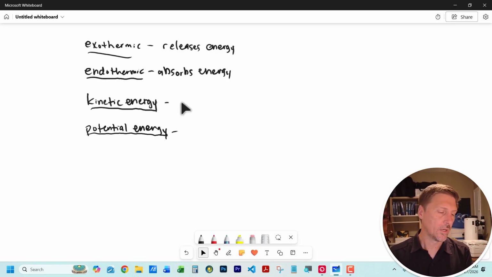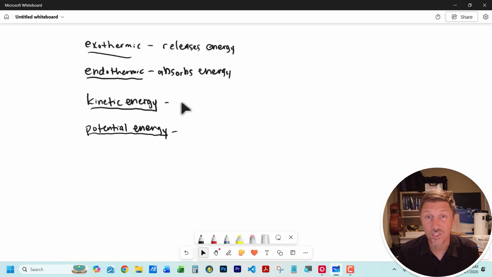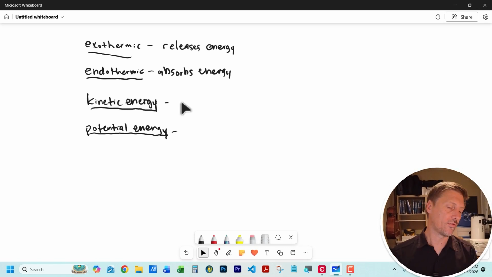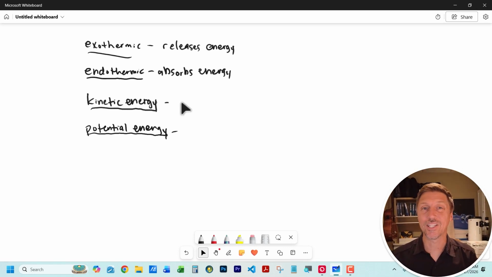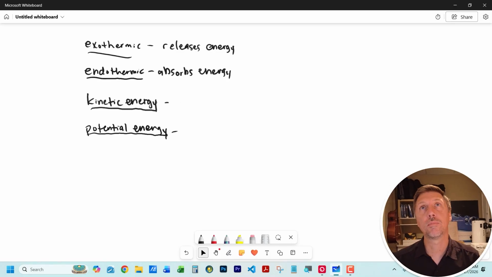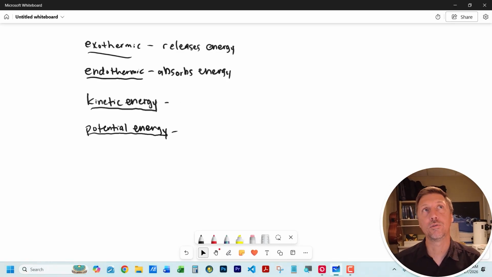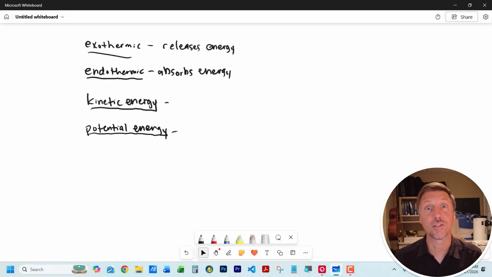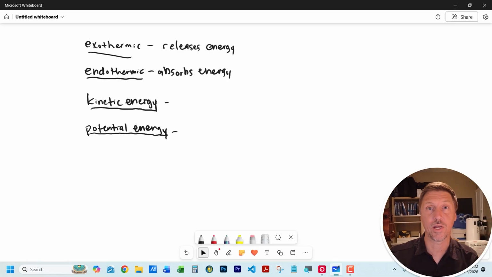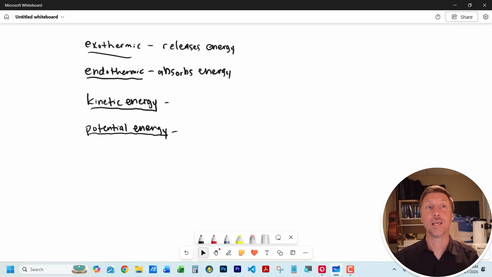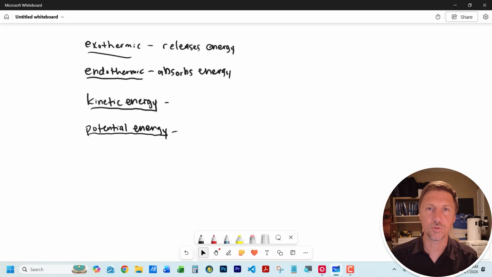One of these forms of energy has to do with motion, and the other form of energy is energy that is stored, right? So as a teacher, you see a student and you're like, that student's got a lot of potential, right? All of you guys, this is what I would say about you guys, right? And that just means, hey, they could really accomplish a lot if they put their mind to it. They haven't done it yet, but there's a lot of potential there, right?